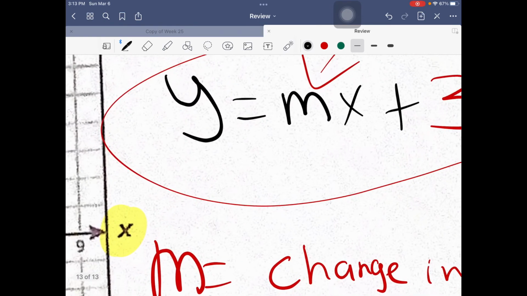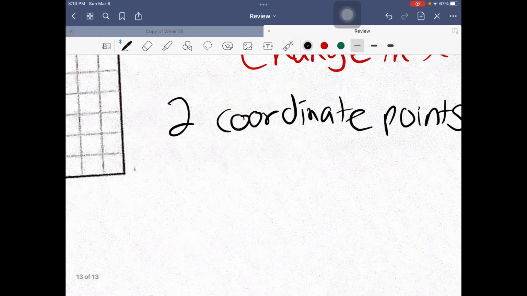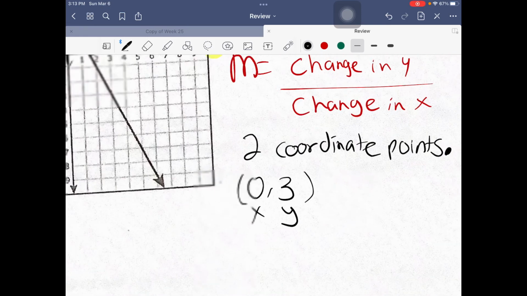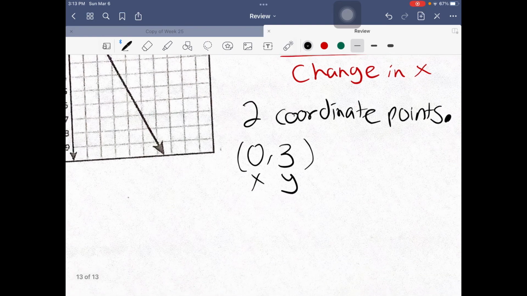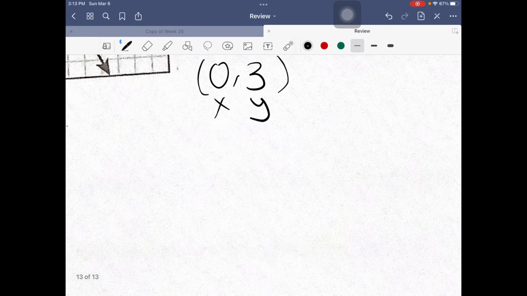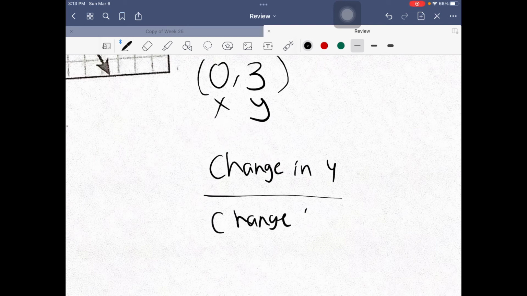This is your first one. x and y. So the change in y looks a little like this: y minus y1 over x minus x1.